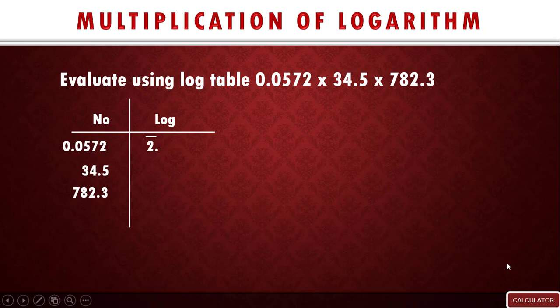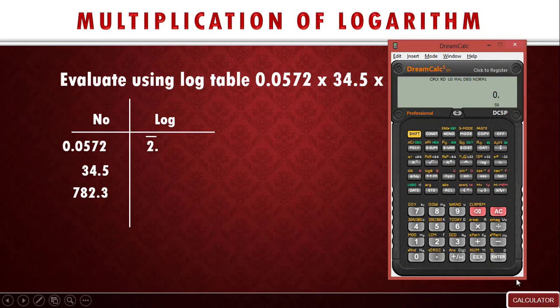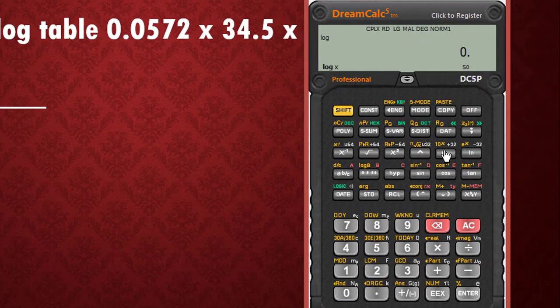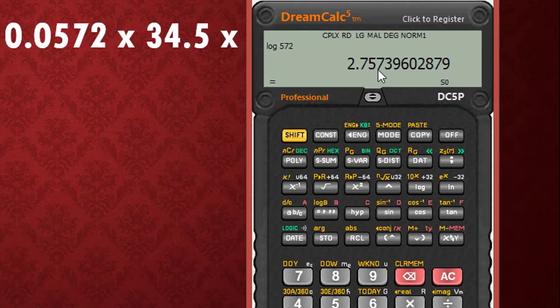But if you're using your calculator, you can go along. Let's take the calculator and just do a walk around it. Log 572 and then press equals to or enter. Then it's going to give this value. We are not making use of the characteristic that appears, the only thing we are making use of here is the mantissa.